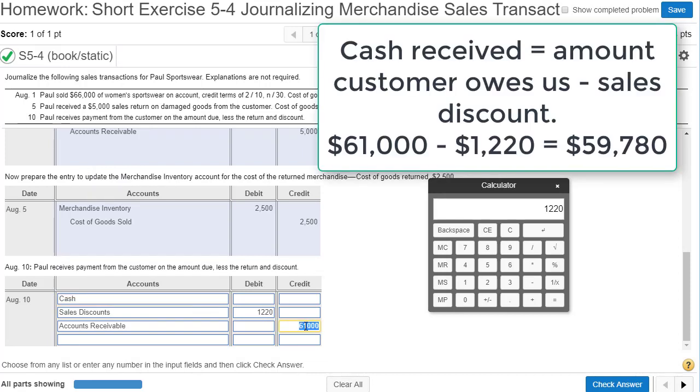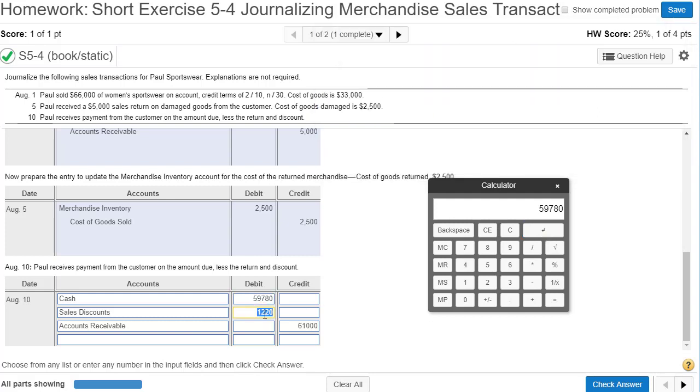The way we do that is we take 61,000 minus 1,220 equals 59,780. Another reason you knew that this sales discount had to be a debit is because debits must equal credits. If you had put the sales discount over here, this transaction would not have balanced. So that's another reason why we had to put the sales discount as a debit.